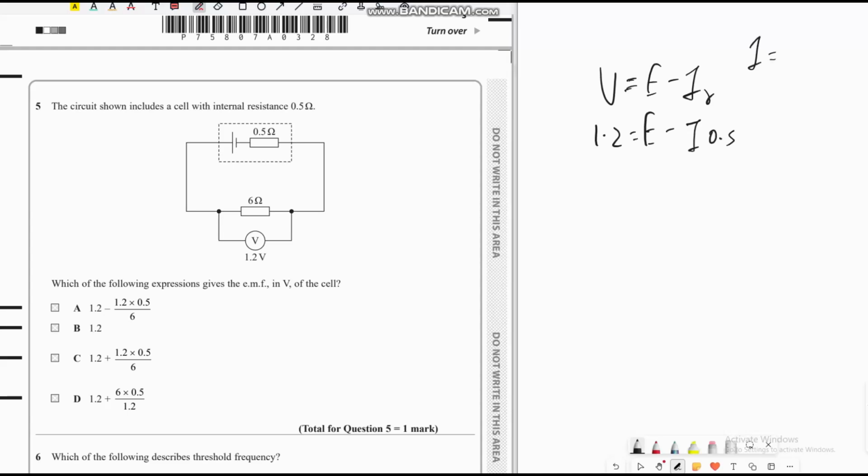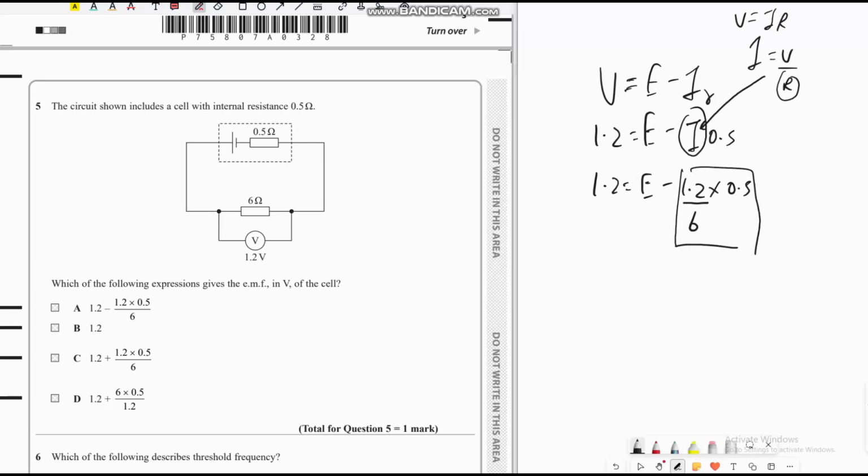So with the use of V equals IR, I is equal to V over R, I can substitute I as the voltage 1.2 over the resistance 6.